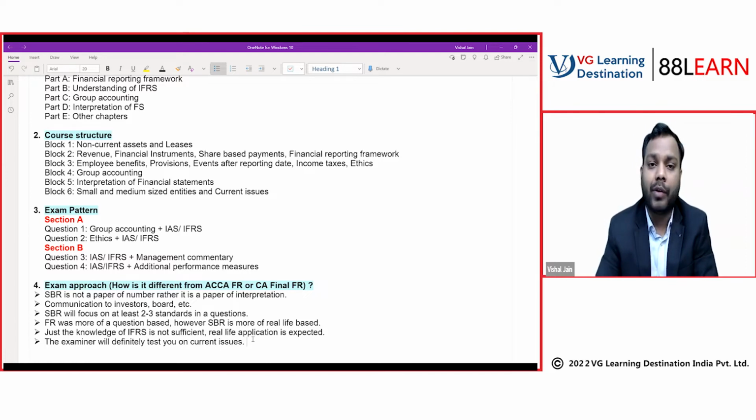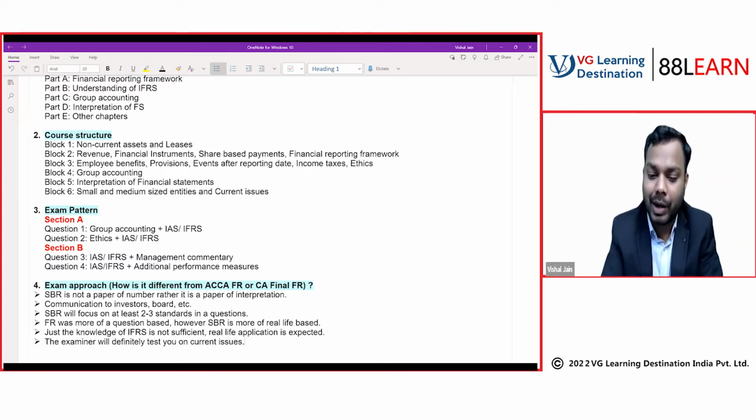They have tested in and around COVID, a lot of questions around COVID. That's a current issue, because if you were working in a corporate world, you would definitely have seen the impact of COVID on accounting and financial reporting. So that's what the examiner will expect you to apply here as well.